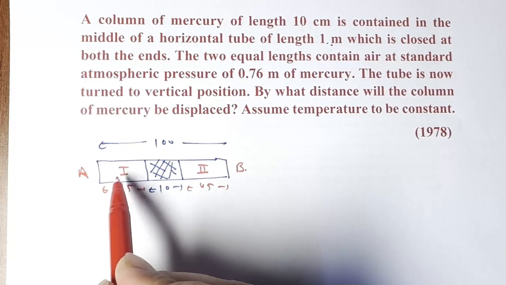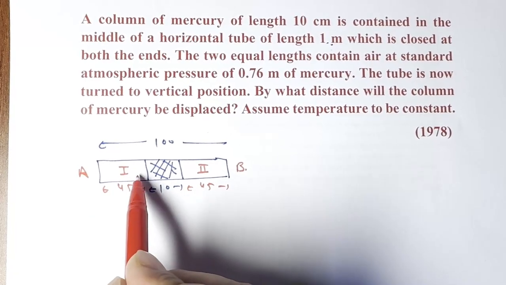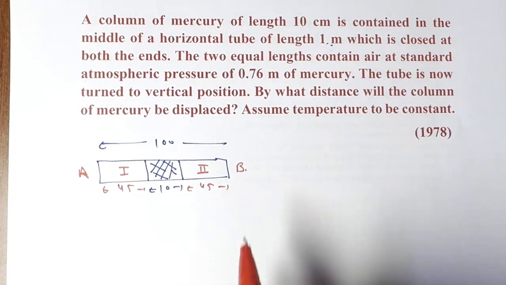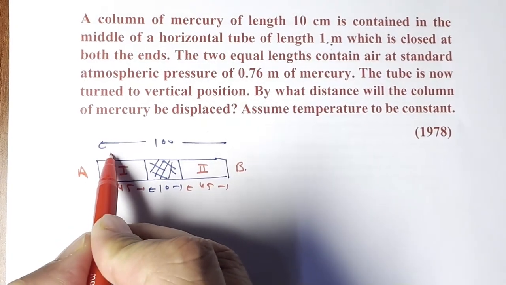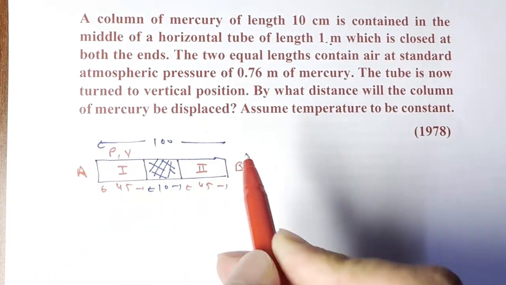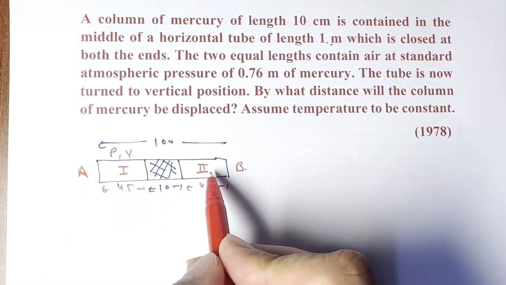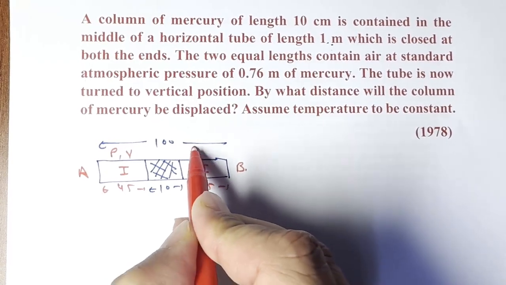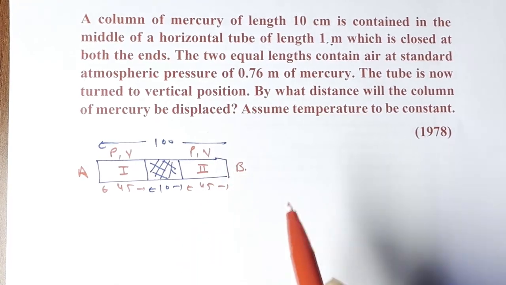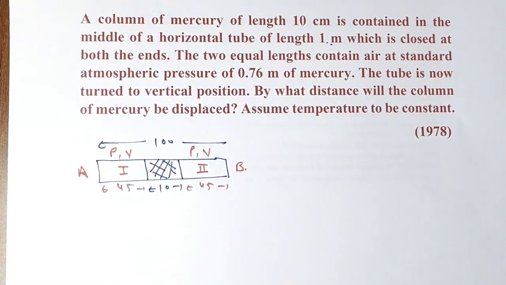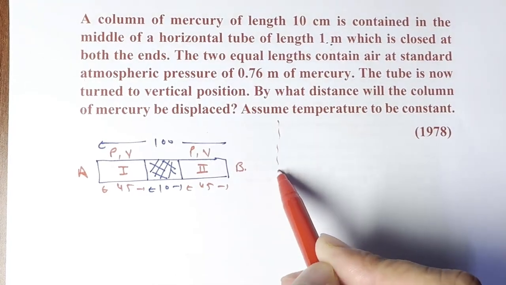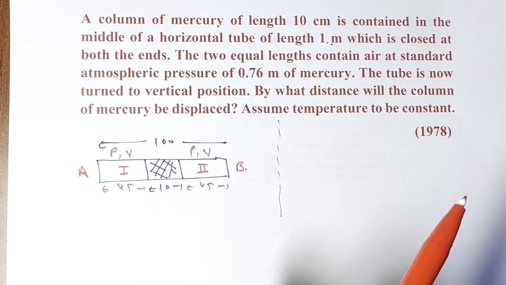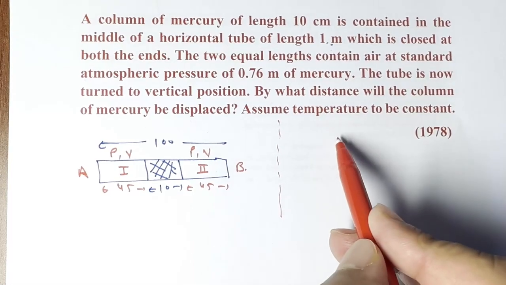As equal lengths are there, we can presume that it contains air having a pressure P and volume V. Similarly, section 2 of the air pocket will also have pressure P and volume V. This is the initial condition, and in the final condition this tube is turned vertical.